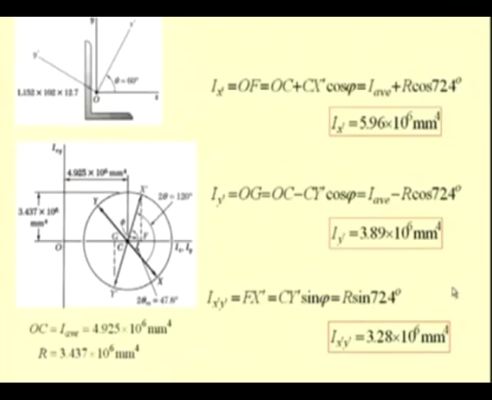So, these procedures illustrate how we can use this Mohr circle diagram to evaluate the product of inertia.